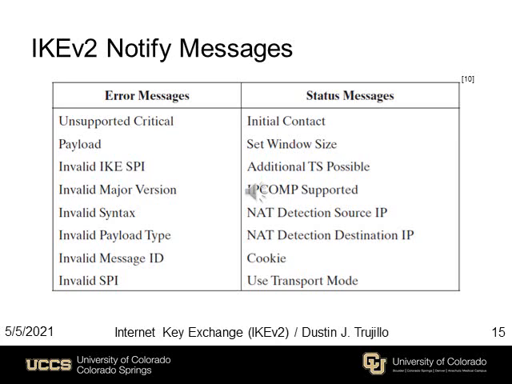Regarding the error messages, you have unsupported critical payload, invalid SPI, invalid major version, invalid syntax, invalid payload type, message ID, as well as invalid SPI. For the status messages, we have initial contact, set window size, additional TS possible, IP comp supported, NAT detection source IP, NAT detection destination IP, cookie, and use transport mode.